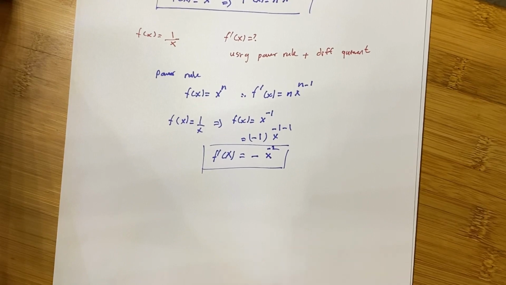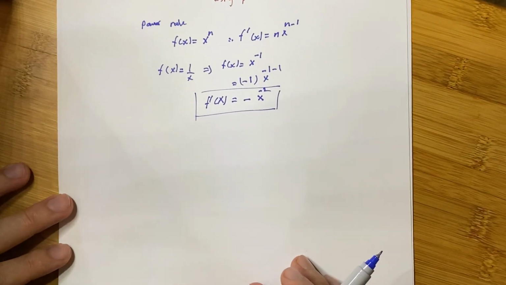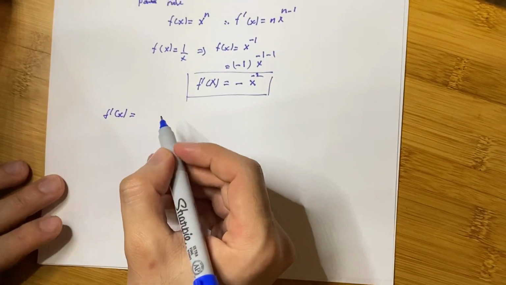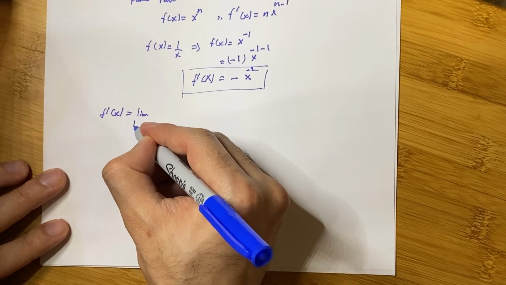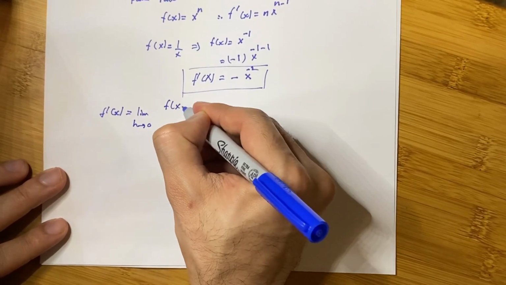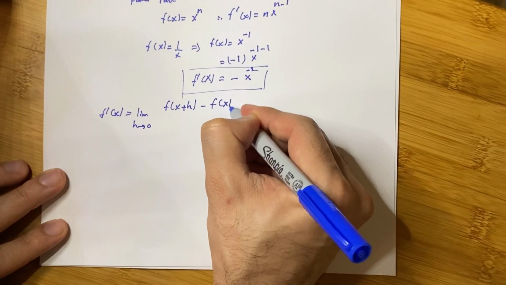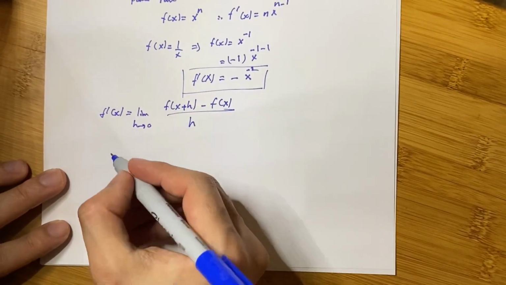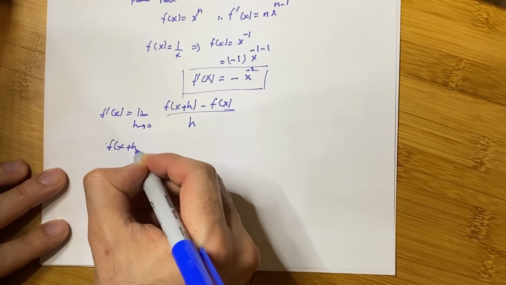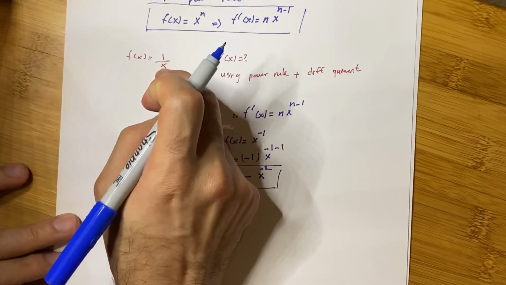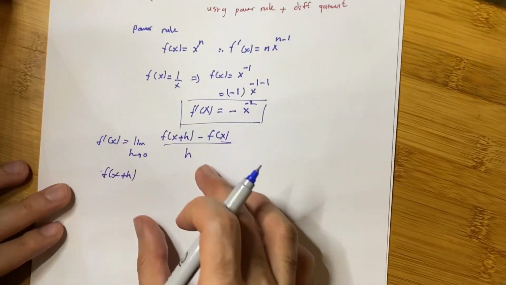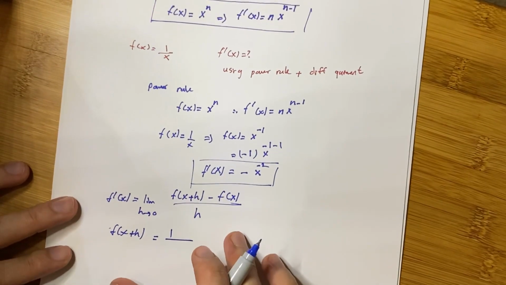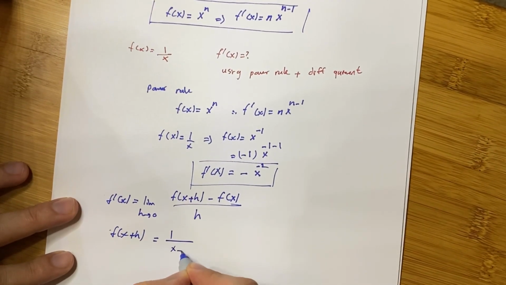Now let's use the limit definition. So f prime of x is equal to the limit as h goes to 0. So this term here, from here we just substitute x by x plus h, so that will be 1 over x plus h.